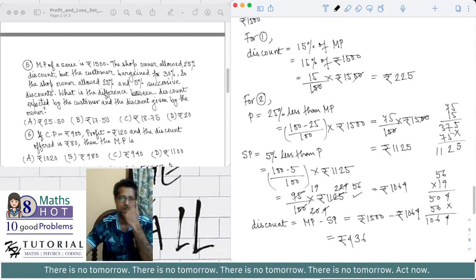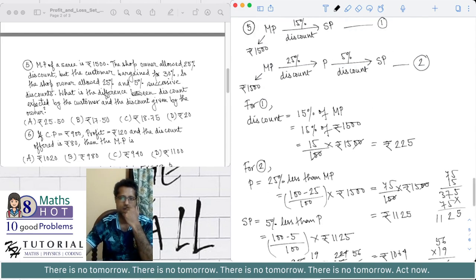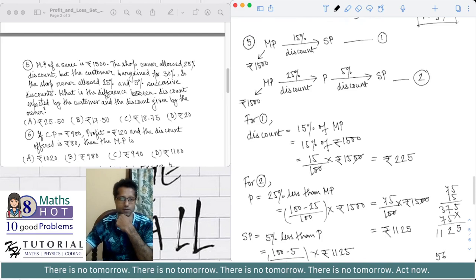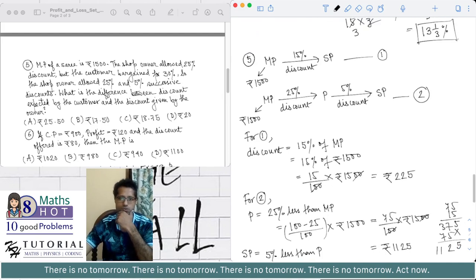Oh, the customer is expecting a 30% discount. So why did I use 15% discount for scenario 1?